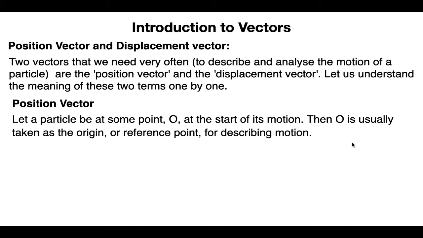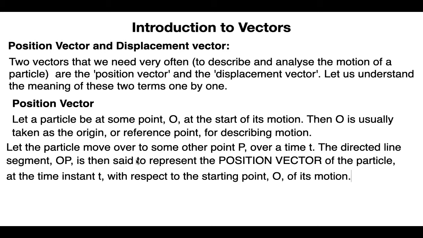O is the reference point, or the origin, or the starting point of the motion. Let the particle move over to some other point P over a time t. The directed line segment from O to P, that is the reference point, which in this case is also the origin, to the final position represents the position vector of the particle.